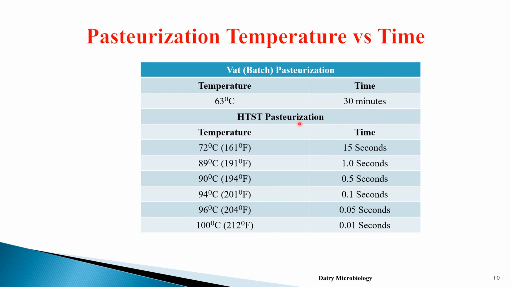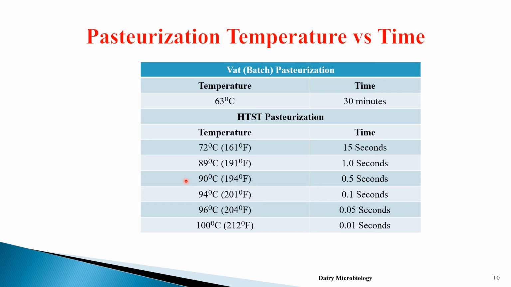In HTST pasteurization, if the heating temperature is 72 degrees Celsius, then the exposure time will be 15 seconds. But if the temperature used is 89 degrees Celsius, then the exposure time is reduced from 15 seconds to 1 second.